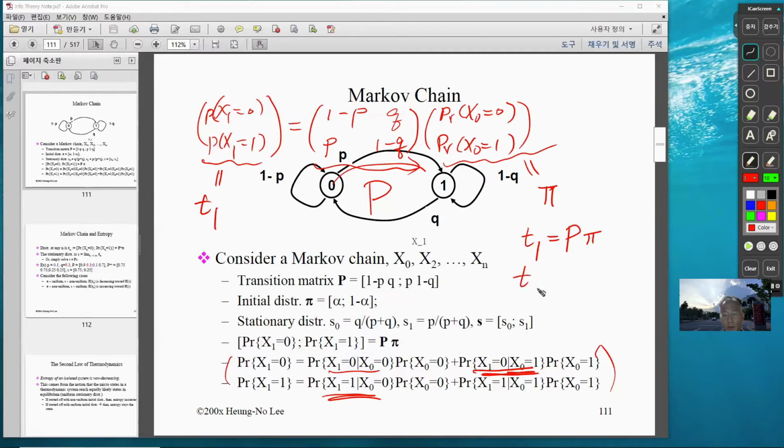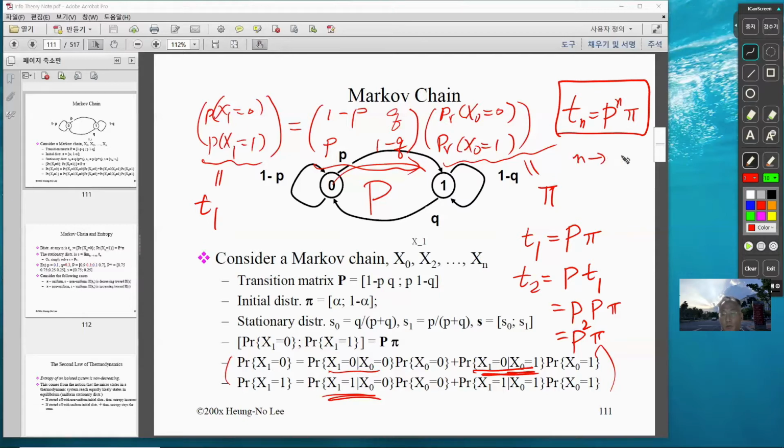If I jump twice, then we come from here, and then when I evaluate this, T is equal to P pi, so this is P square pi, and so on. So in general, Tn is equal to Pn pi. So that's the general equation. If I let n goes to infinity, then we come up with a stationary distribution.